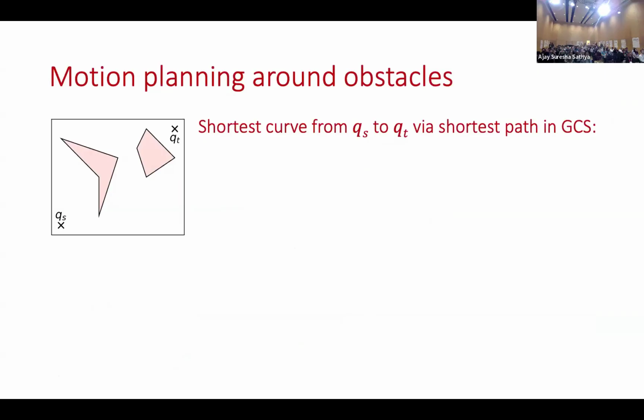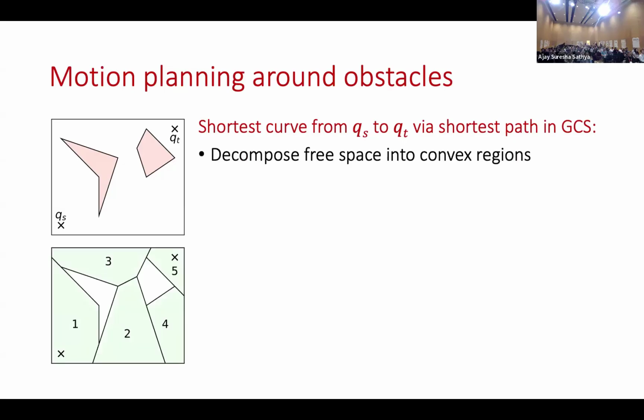One application that was particularly interesting and successful for us is motion planning. And this is also naturally formulated as a motion planning around obstacles, and as a shortest path problem in GCS. The idea here is that we want to move from an initial point to a final point with the curve of minimum length for simplicity, and we want to avoid the obstacles in red.